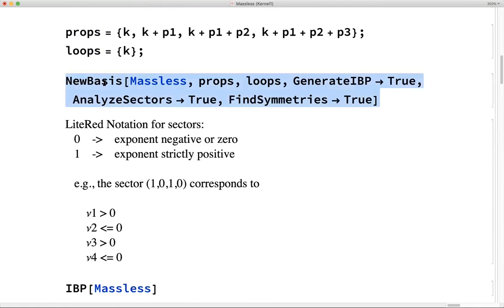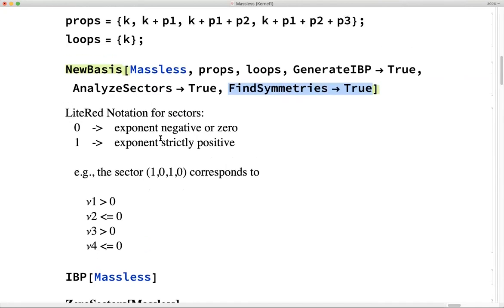So now I just define, well, this is just the name that I give to label my integral family. I call it massless. You could call it massless box as well. Props is my list of propagators. Loops is the list of loop momenta. I want the code to generate the IBPs. I want it to analyze the sectors, to find zero sectors, and I want to find the symmetries.